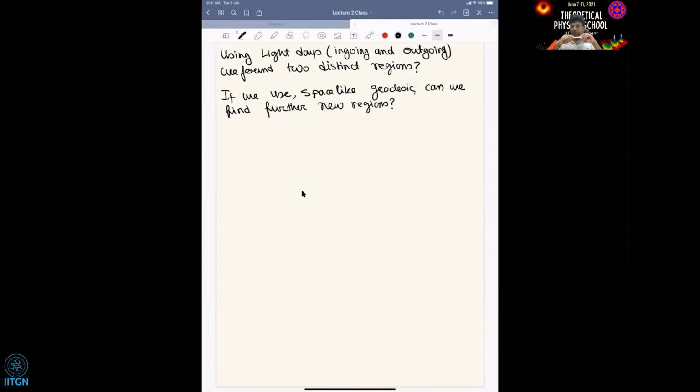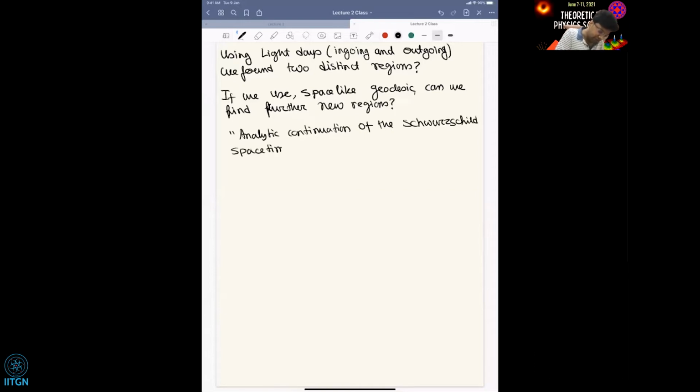So what we should do is start with space-like geodesics, and follow exactly what we did for null geodesics. This procedure is what is called analytic continuation of the Schwarzschild manifold, or Schwarzschild spacetime.